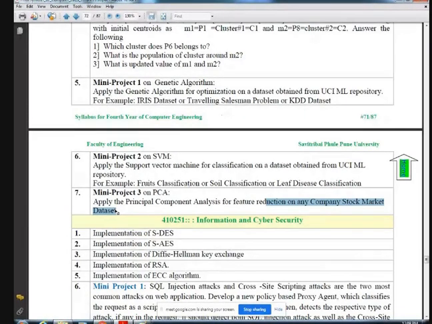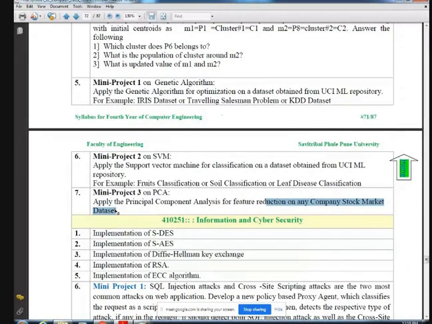So those students who will be doing this particular problem, they need to understand how the dimensions are being reduced, because let us say if there are 10 attributes or 10 features available in the data set, then accordingly you will be getting either 10 or less than 10 PCAs.